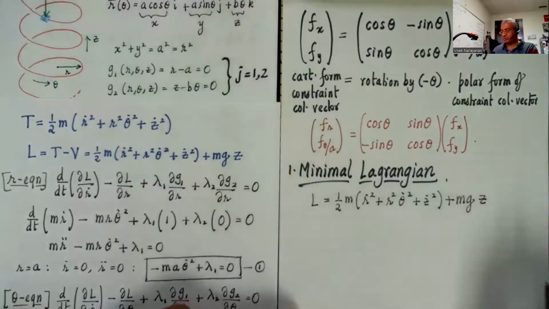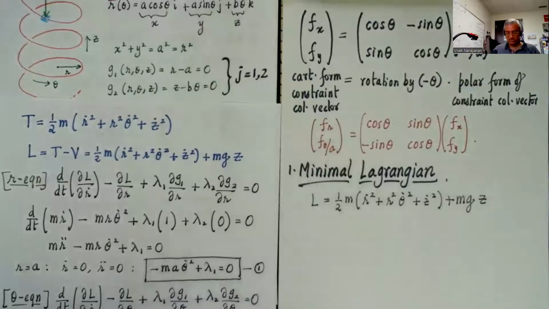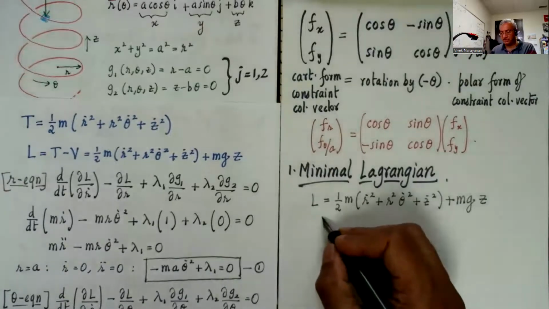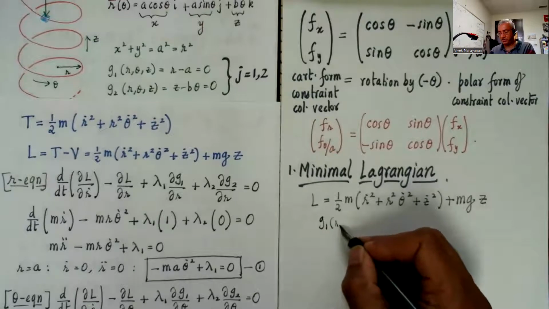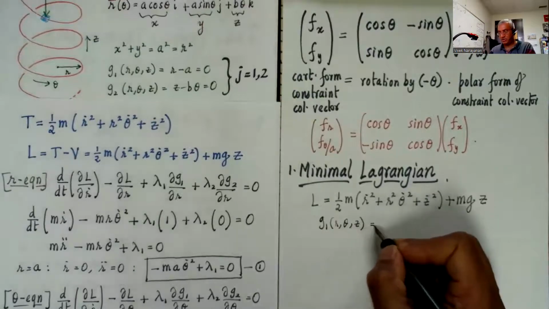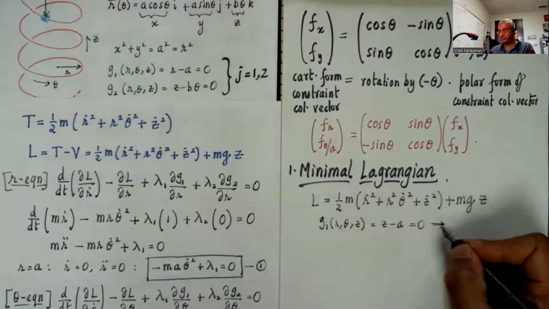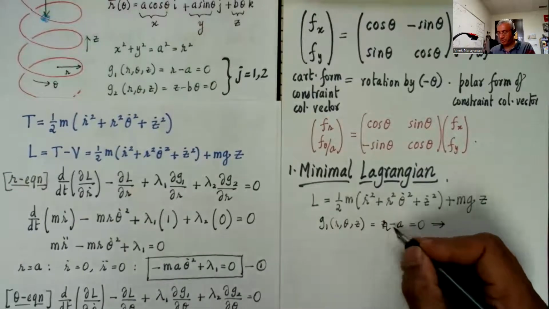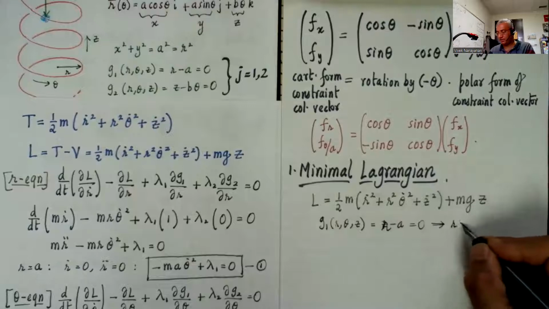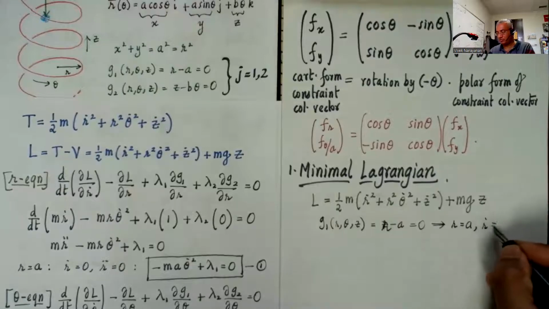Now what I will do is use the constraints G1 and G2. So we're back to G1 and G2 now. G1 of r, theta, z, which is r minus a, is equal to 0. That tells me that r equals a and r dot equals 0.